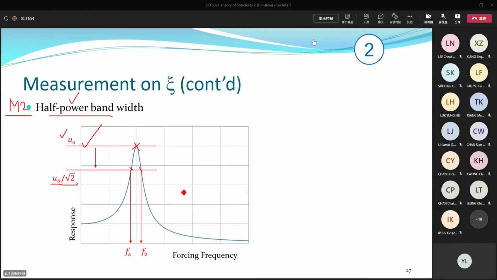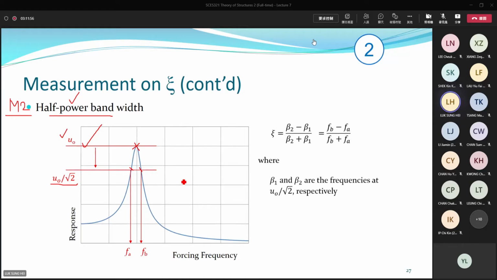Okay? Some engineers proved that the damping ratio can be calculated using these two special frequencies, FA and FB. You can also use the frequency ratio, but here we use FA and FB. This is the half power bandwidth method.